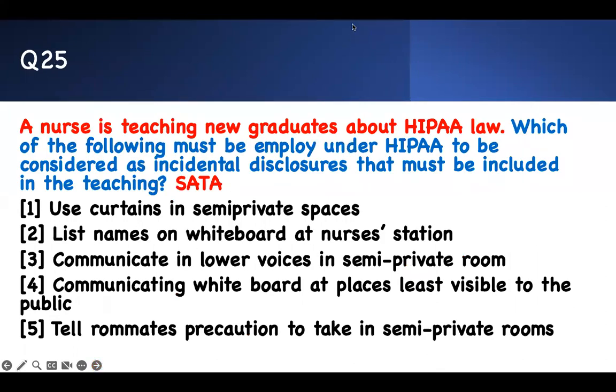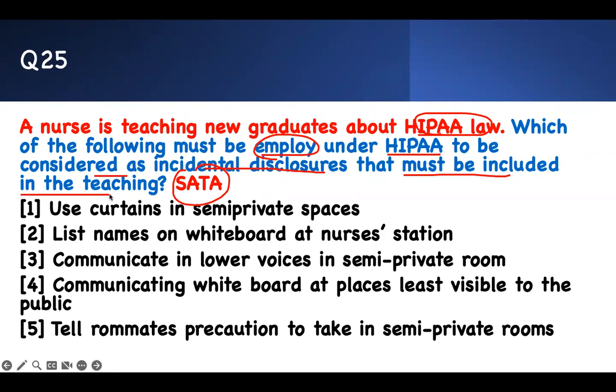And the last one, select or apply. A nurse is teaching a new graduate about HIPAA law. Which of the following must be employed under HIPAA to be considered an incidental disclosure that must be included in the teaching? A bunch of words. When you see this, they're trying to trap you.